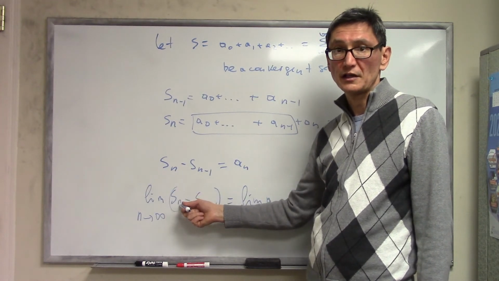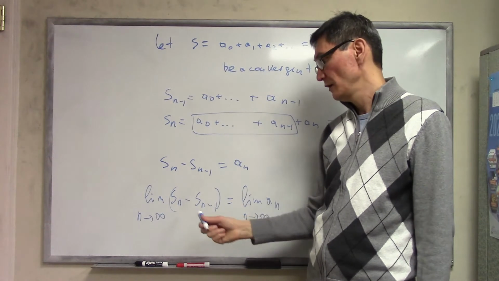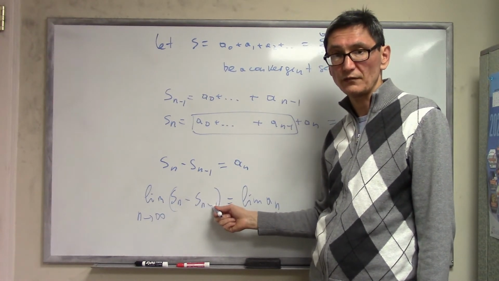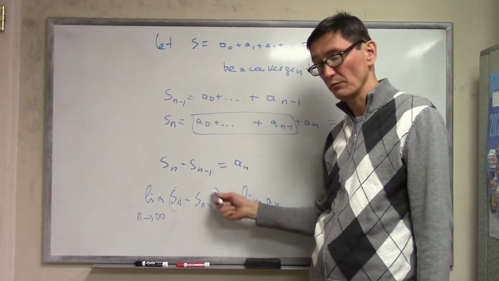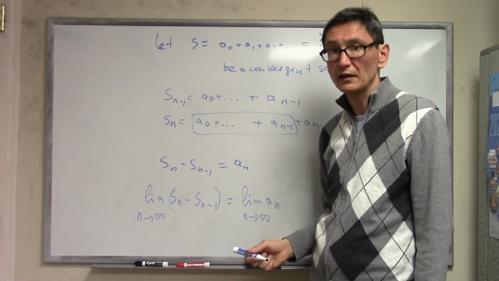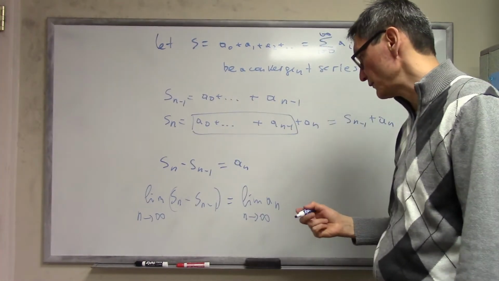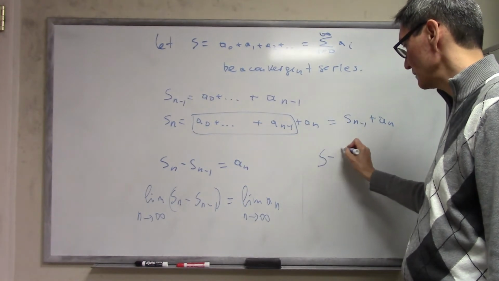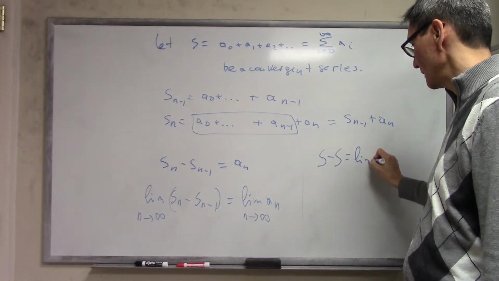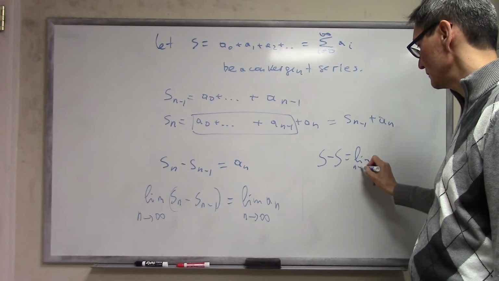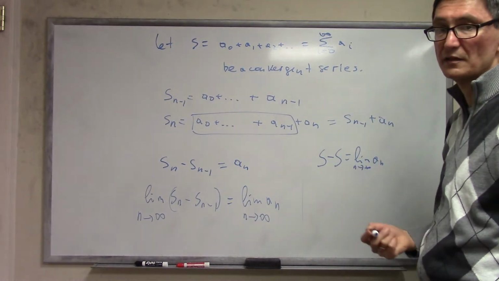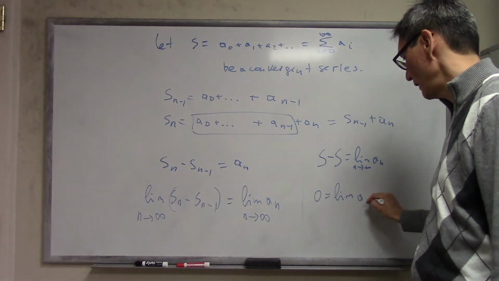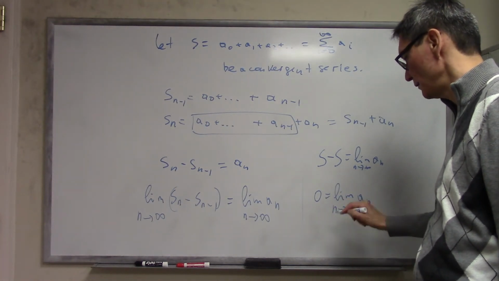So limit of partial sum is going to be S. Limit of Sn minus 1, limit of partial sum when n is approaching infinity, we're going to get that expression of infinite sum at the end, so we're going to get S again. So on the left side, you're going to get S minus S, and we keep the right side, limit of an, and that is n approaching infinity. And S minus S is 0, so we got 0 equals limit of an when n is approaching infinity.